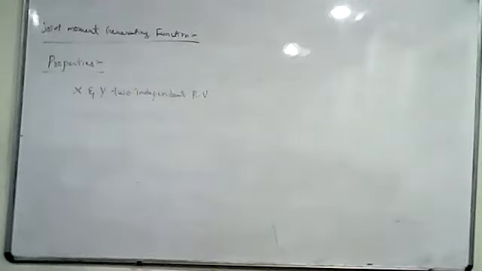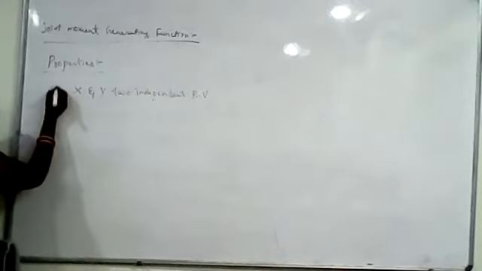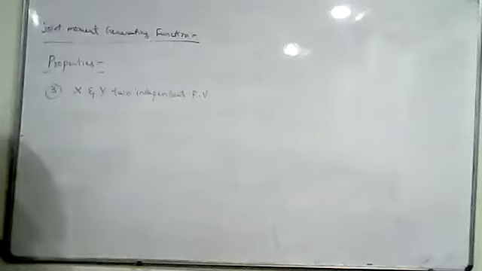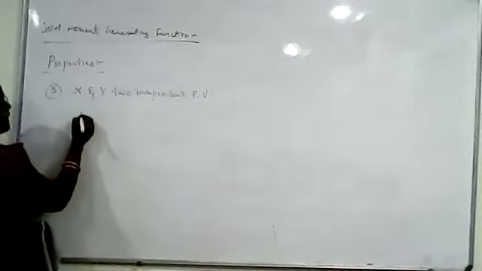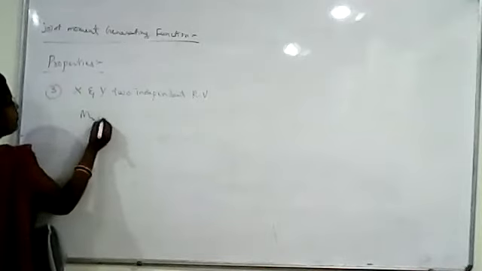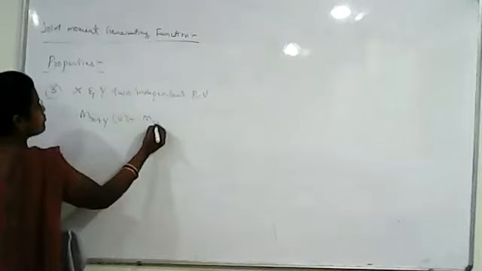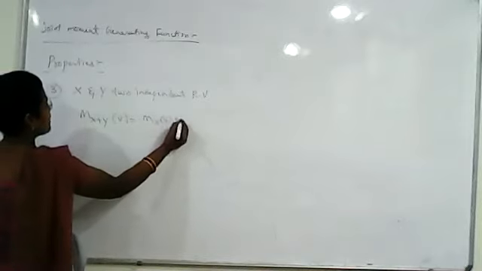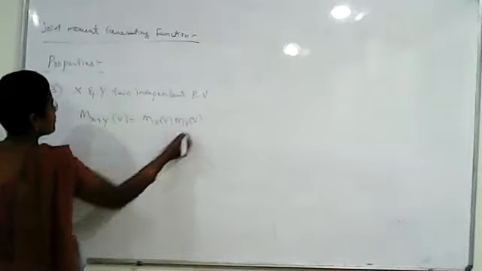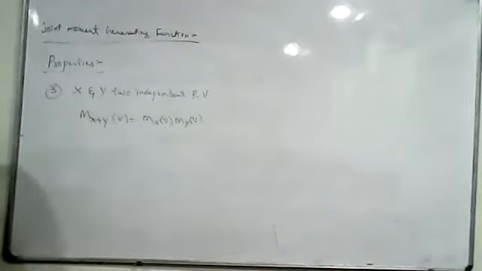The third property of moment generating function. The third property says that if x and y are two independent random variables, then Mx plus y of v is equal to Mx of v into My of v. Okay, if you compare these properties with the properties of joint characteristic function, both the properties are similar.